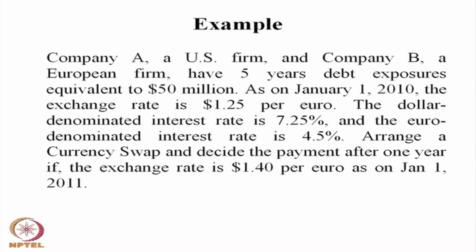As on January 1, 2011, the exchange rate is $1.40 per euro. So, here there are two companies, two different currencies, the amount of transaction is 50 million, and two different interest rates, one the dollar interest rate, another the euro interest rate. Now, you have to arrange a currency swap.